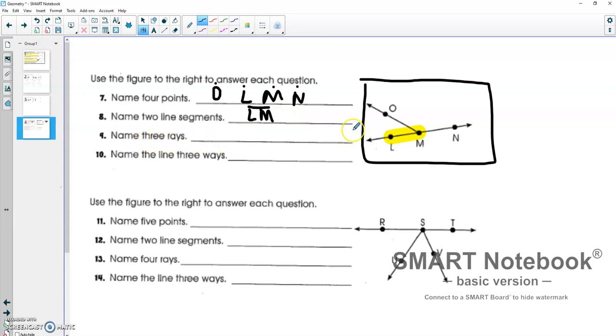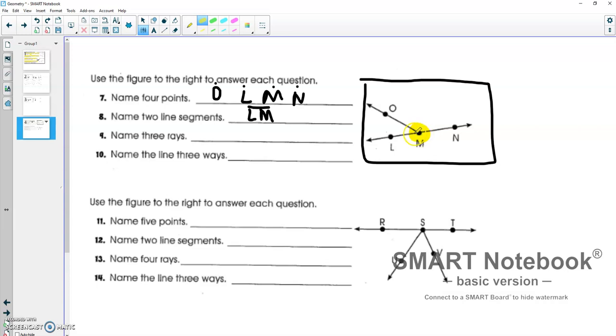Name 3 rays. So I'm having a starting point and an arrow going infinitely in one direction. So if I look here, where's a good starting point and where's an arrow? If you said M is the starting point, you're right. That's the center.